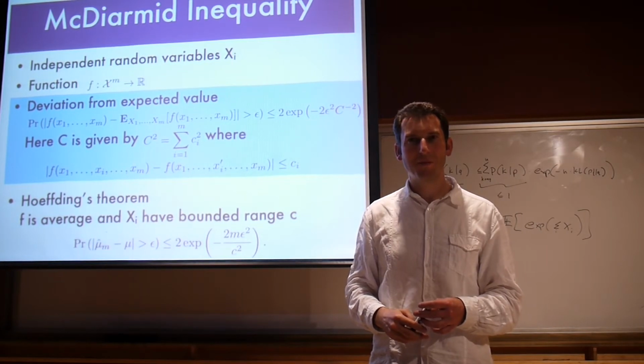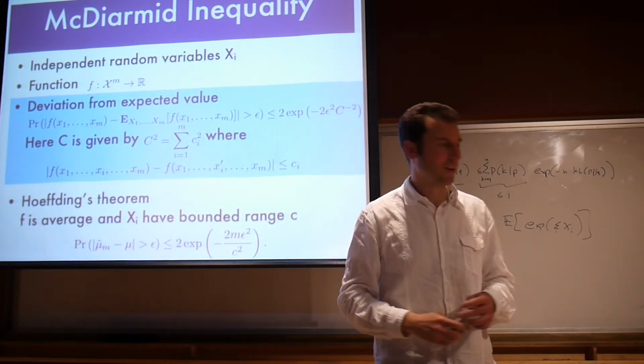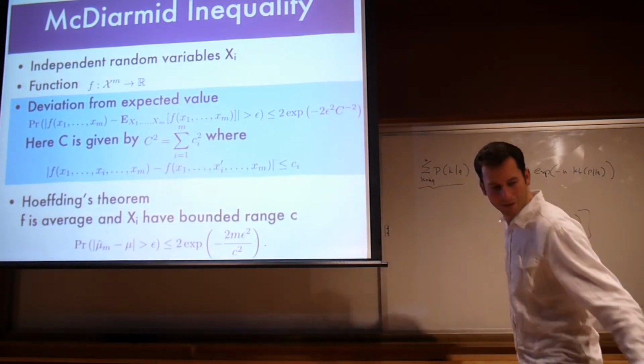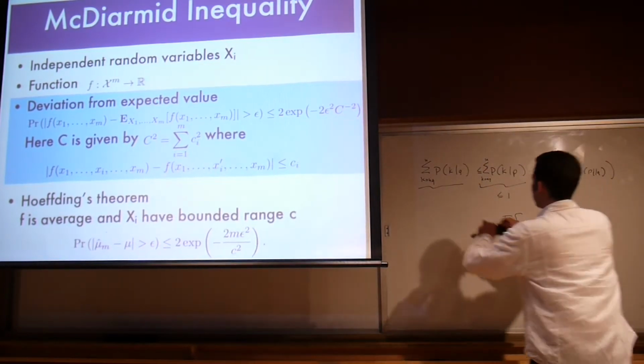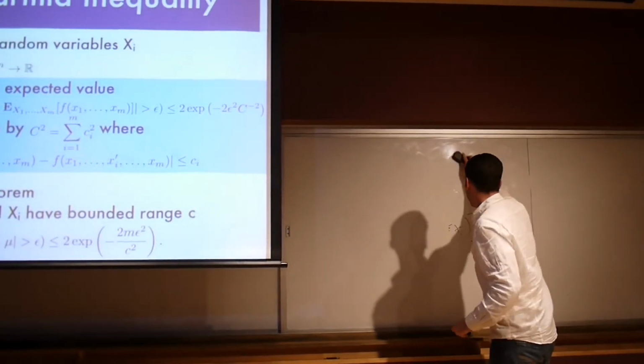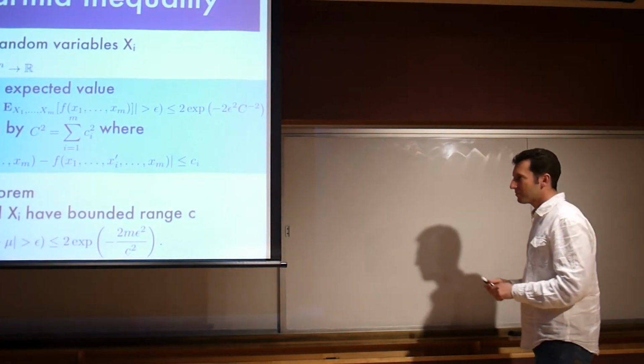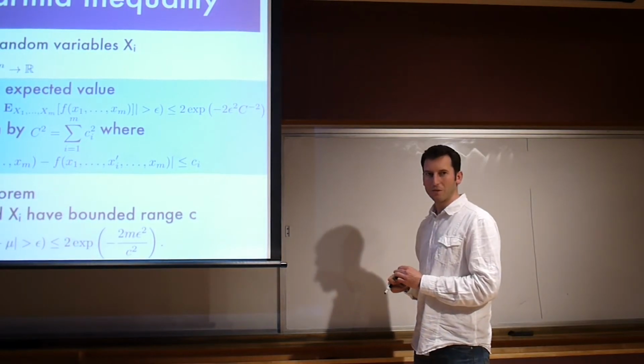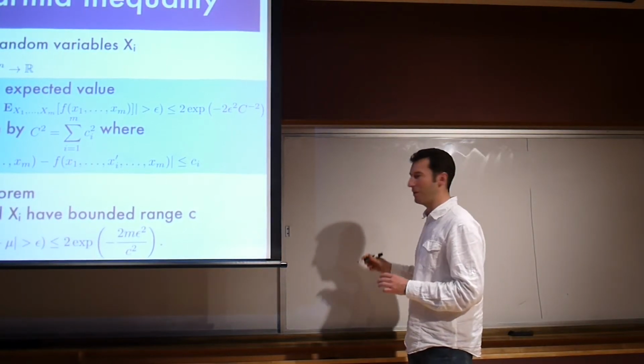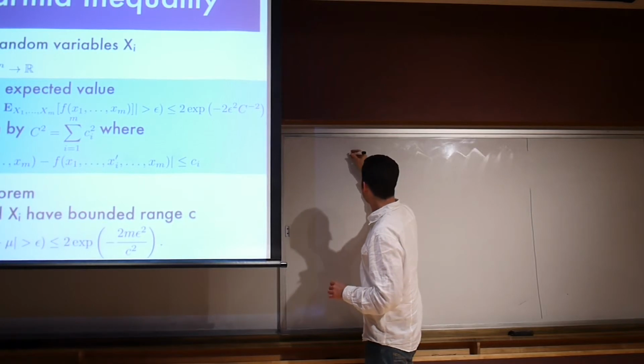Who hasn't seen this thing before? Okay, good. Let's do it on the whiteboard. It's very strange. Once you've seen it once, before that it may look very surprising. There's a wonderful tutorial on concentration inequalities by a guy called Gabor Lugosi.